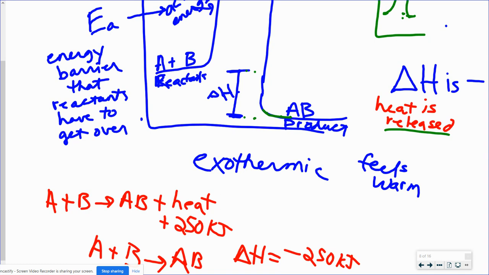So we could write that as a product, or it's given a negative sign when it's given off. So delta H is negative or given off, it's a product when it's exothermic, and delta H is positive, or it would be on the reactant side of the equation if it is endothermic.